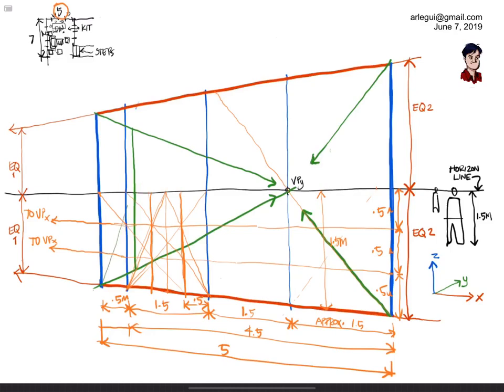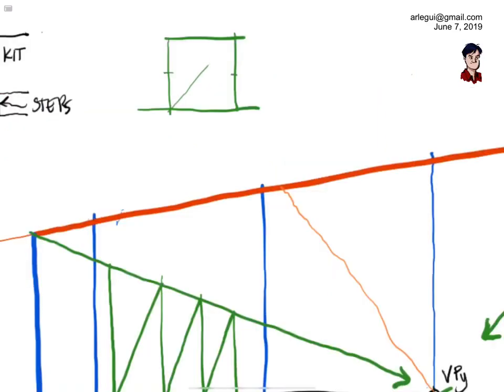And then I'm just extending this with the diagonal lines. When it hits the top line, you draw a vertical line. So that's the 3 meter mark. I'm extending that again with the diagonal line going down. And then that would be 4.5. That would be the 6 meter.